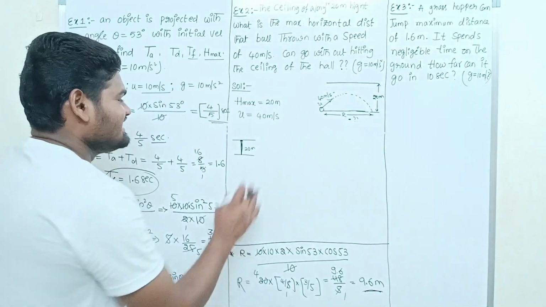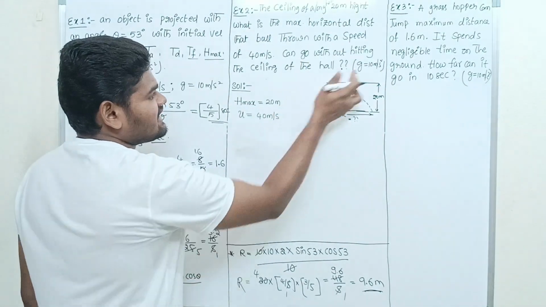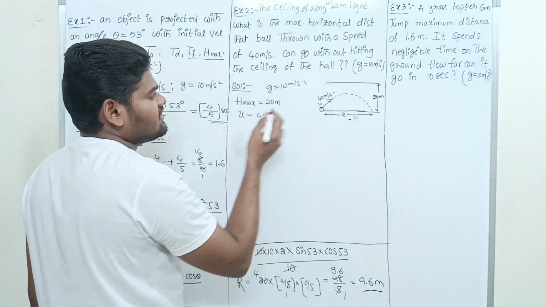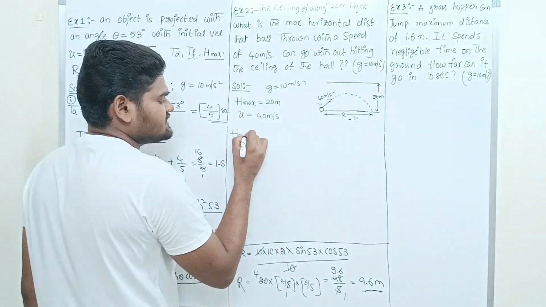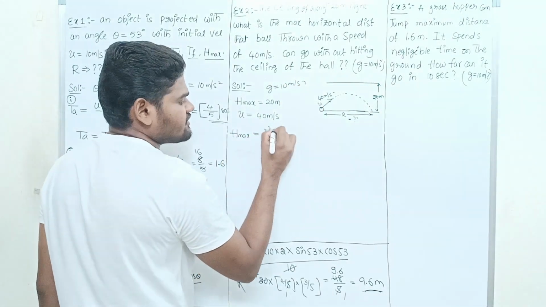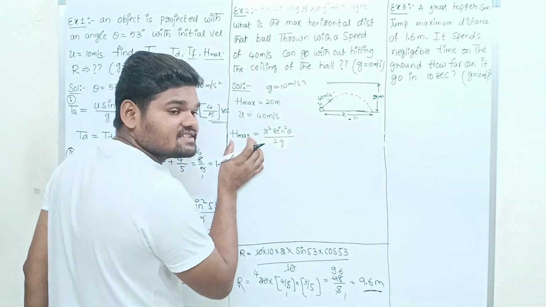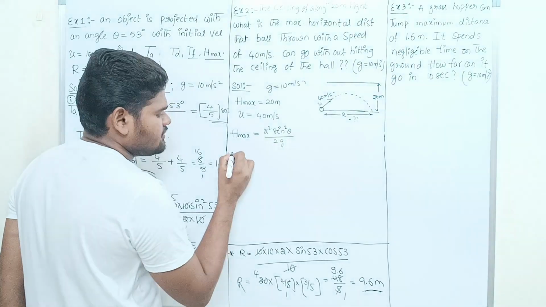Right. So from the given information, g is equal to 10 meter per second square. We have the formula for h maximum. What is h maximum? u square sine square theta by 2g. What is the value of h maximum? 20 meters.